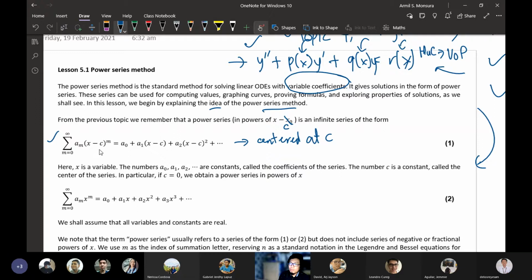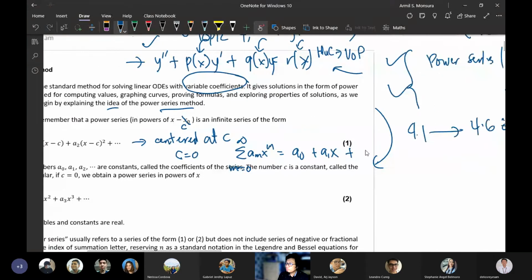Okay. So, what if ever that your C is equal to 0, then the resulting series, the summation of a_m x raised to m for m equals 0 up to infinity equals a0 plus a1x plus a2 x squared and so on, okay, is another power series pero magkaiba lang yung tawag natin sa kanya.